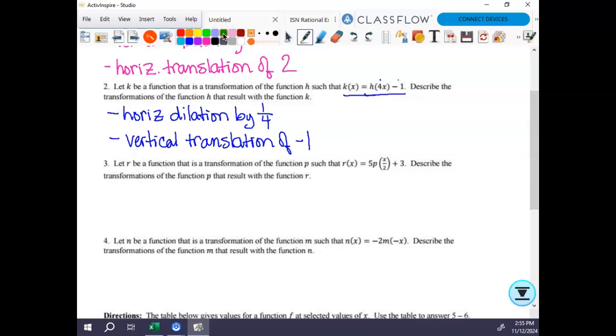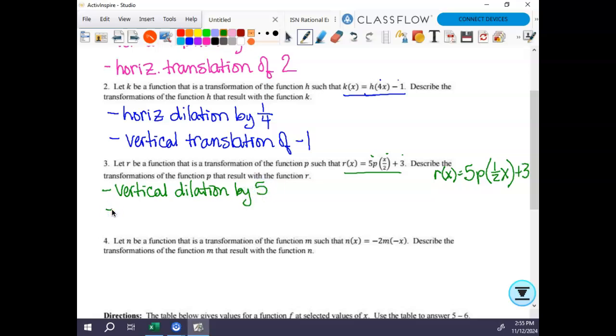Okay. Let R be a function. Okay, so we're still just describing transformations here. So I have 1, 2, 3 here. Now this x over 2, I could rewrite this as R of x equals 5 times p of 1/2 x plus 3. So I don't make anything up as I'm doing my transformations. So first I have that 5, that is a vertical dilation by 5.